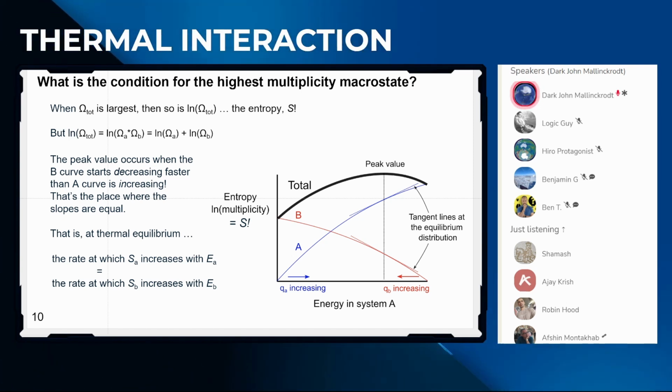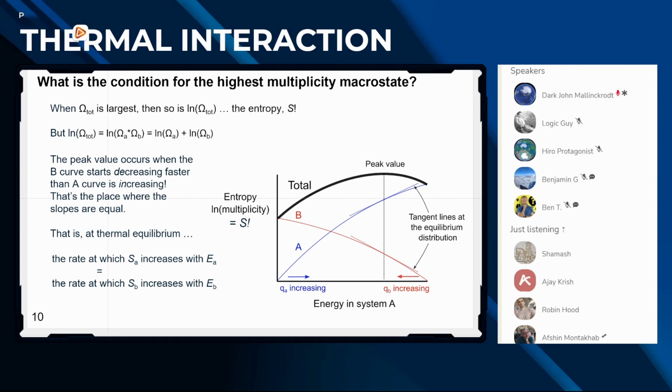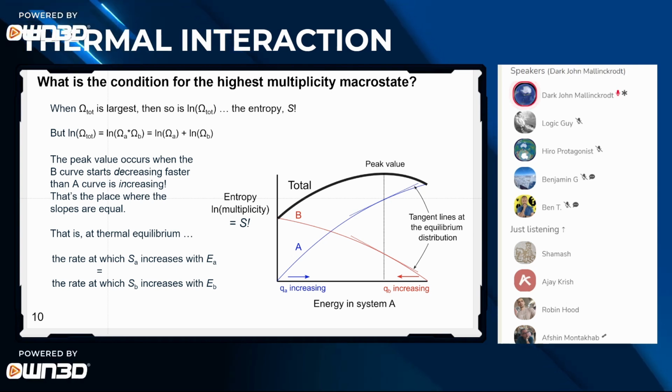So I plot the entropy of B as a function of the energy in system A, and I get that red curve. Now I add those two natural logs to get the natural log of the total.